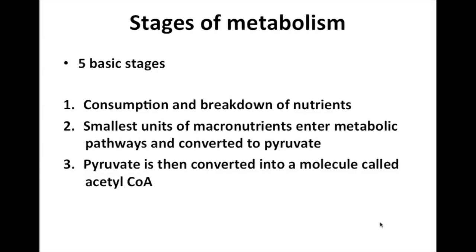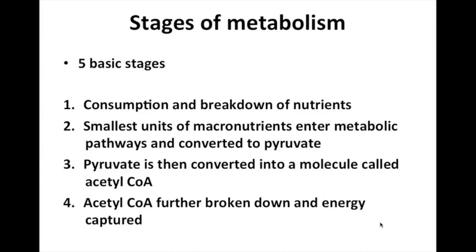We then convert that pyruvate into something called acetyl-CoA, and this is a very critical molecule in our body because once we've converted our fat and carbohydrate into acetyl-CoA, we're then on the road to making energy. Then we break down the acetyl-CoA and that breakdown creates energy, more on that later, and then we capture the energy.